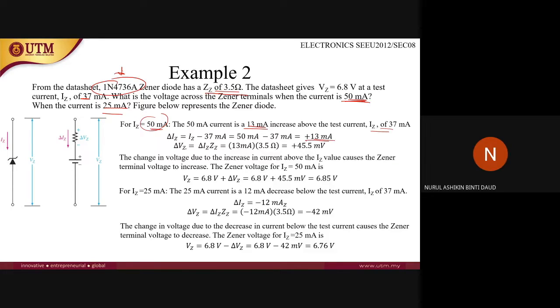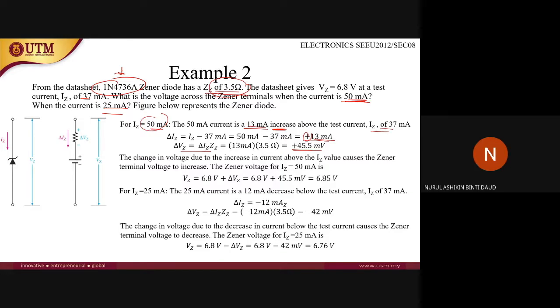Delta V is, by Ohm's law, delta IZ times ZZ. The impedance is already given, so 13 milliampere times 3.5 ohms gives you positive 45.5 millivolts. Why is it positive? Because the change of current is an increase, so it is positive.